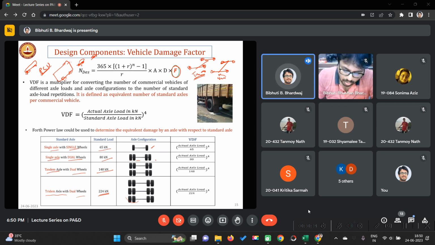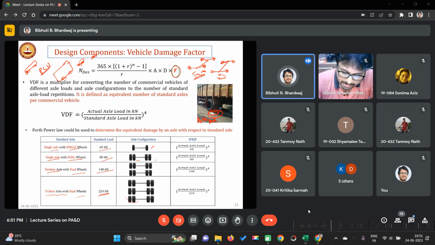Whatever load the vehicle is carrying, you need to measure. See this, this is called an axle pad. You need to stop the vehicles and ask them to come over and place the wheel over this axle pad, and you can measure its weight.